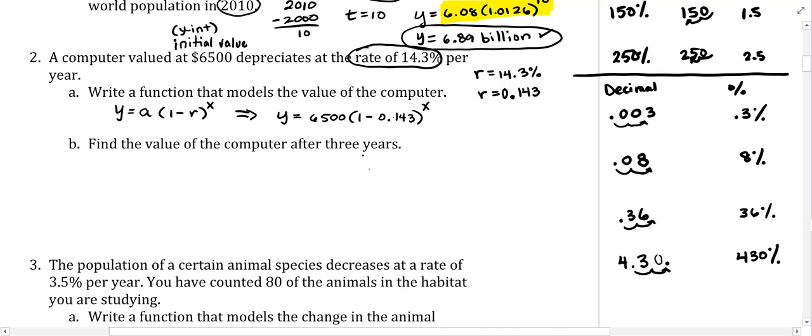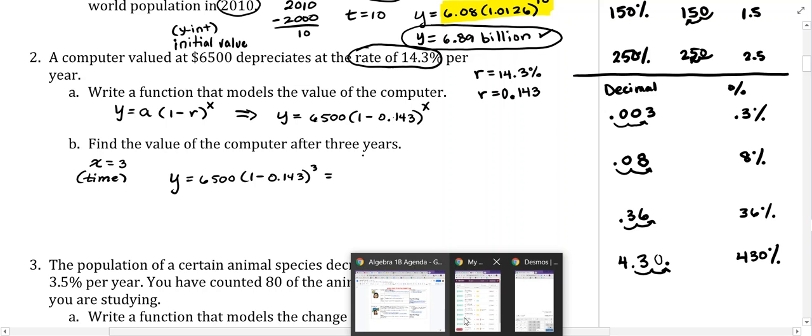Find the value of the computer after 3 years. So we know that in this case, x is going to be equal to 3, which is time, right? And then we just substitute it in. I'm looking for the calculator.